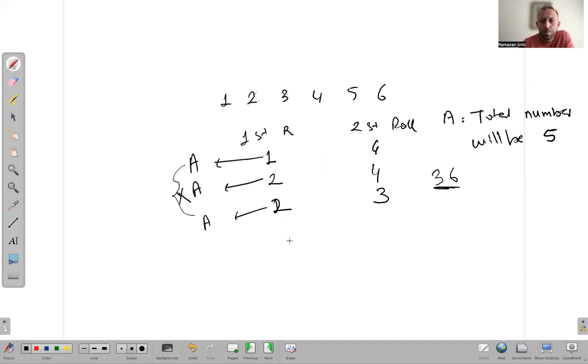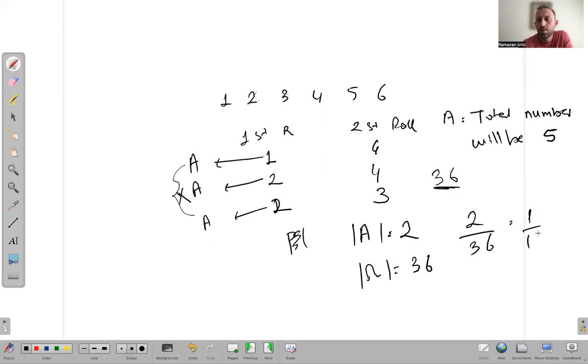So A is going to be 2, and omega is 36. The probability will be 2 over 36, which is 1 over 18, right?